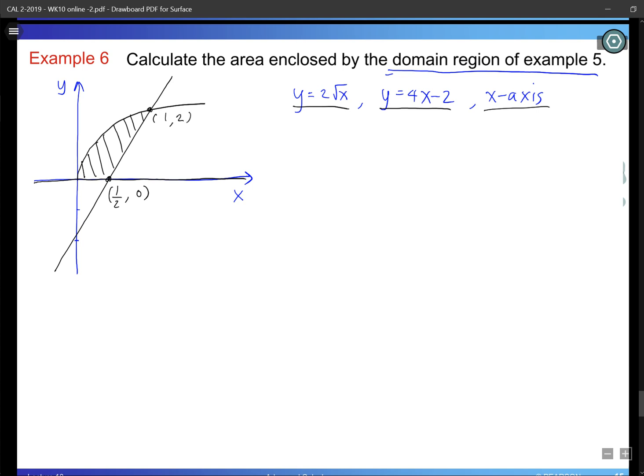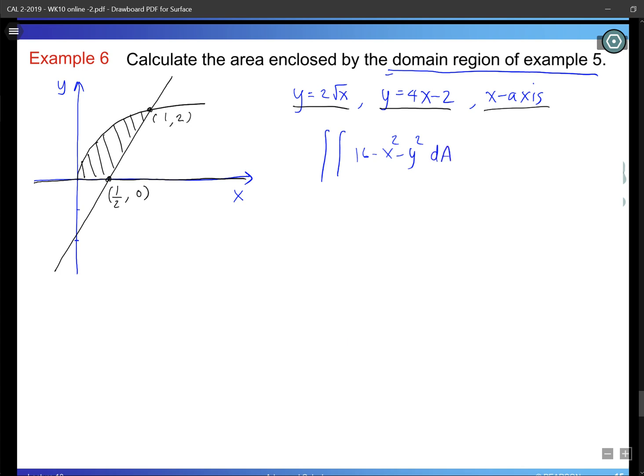Okay. So we have this domain region in example 5, but we didn't stop there. We performed some computation, and that is the double integration. So we did the double integration of the function surface, which is 16 minus x squared minus y squared. And we perform this double integration over this region that we just drew on the left hand side.